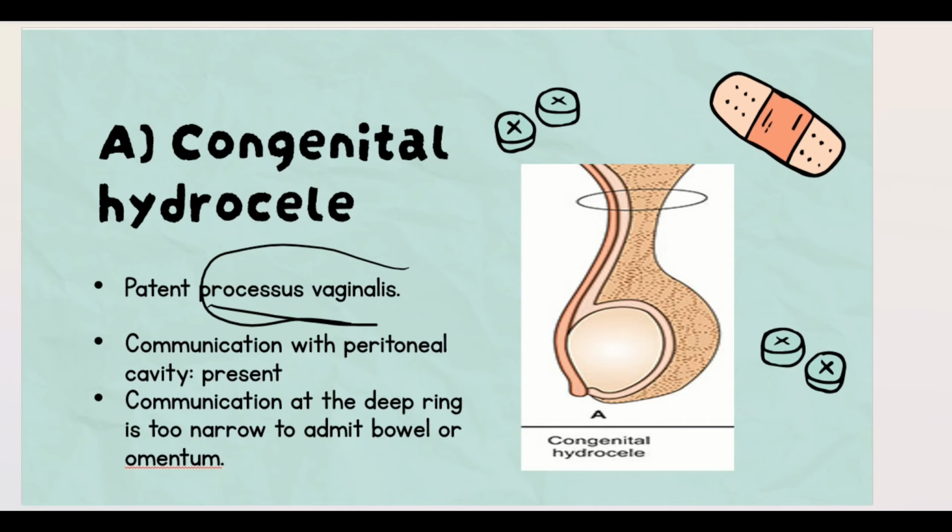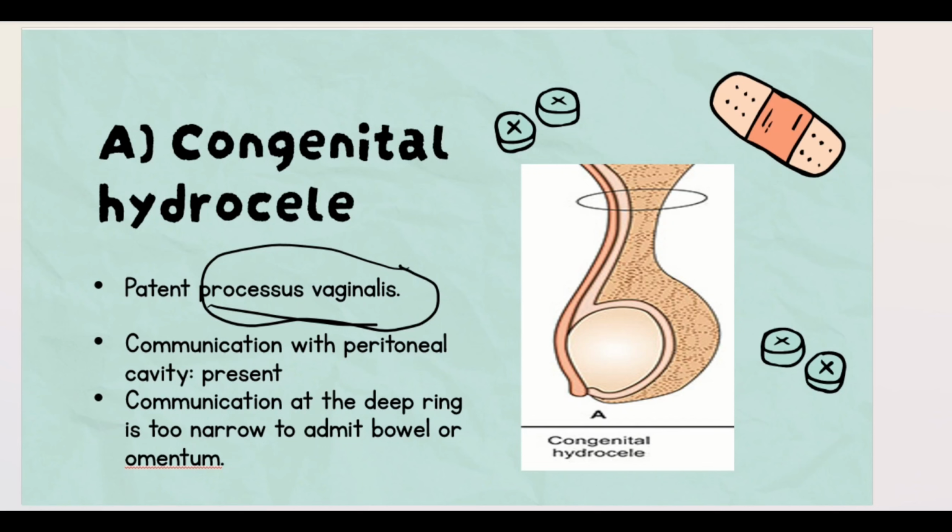What is processus vaginalis? Processus vaginalis is nothing but the embryological origin of tunica vaginalis. So, if this processus vaginalis is not obliterated, it may lead to different conditions. One of them is congenital hydrocele.